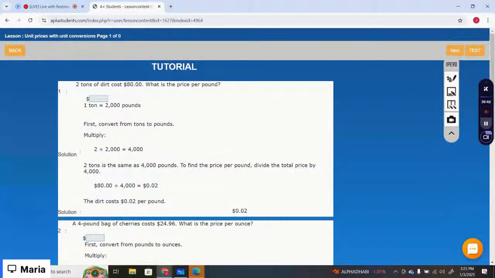What is the price per pound? So 1 ton equal to 2,000 pounds, right? So the 2 tons is 2 times 2,000, that is 4,000.